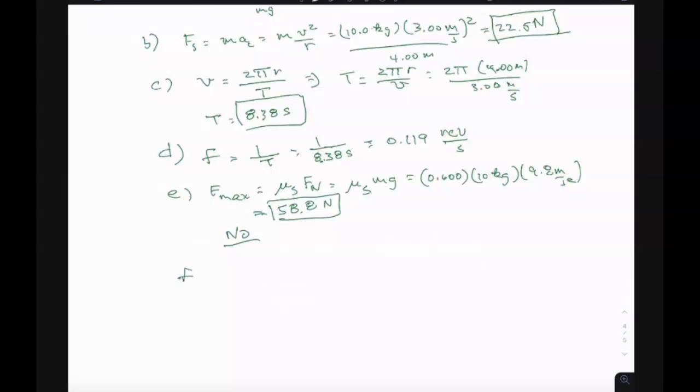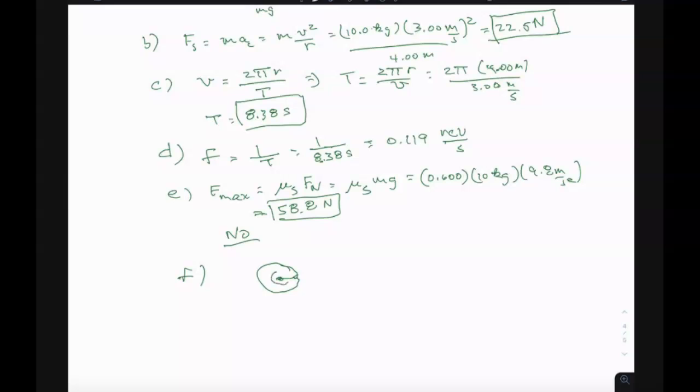In part F, the question is posed, if the box did slide, which direction would it move? Briefly describe its motion in words or a picture. Well, if we look at what's going on from above, here's the merry-go-round as seen from above.